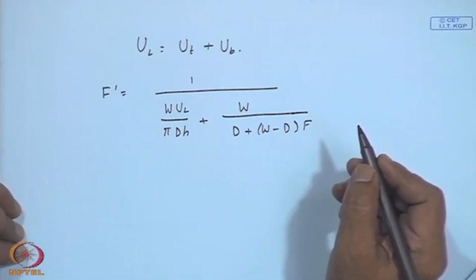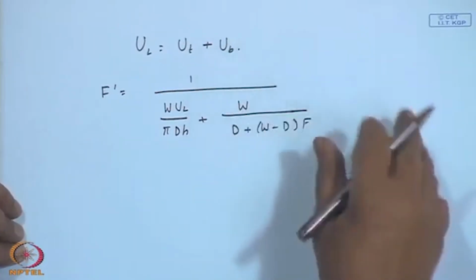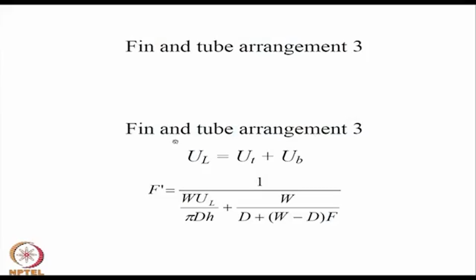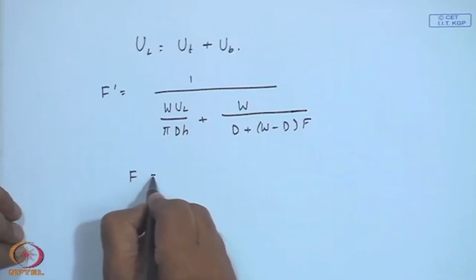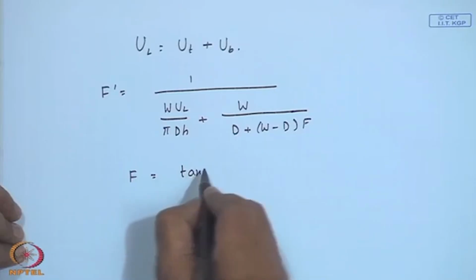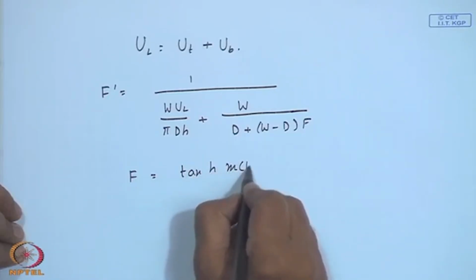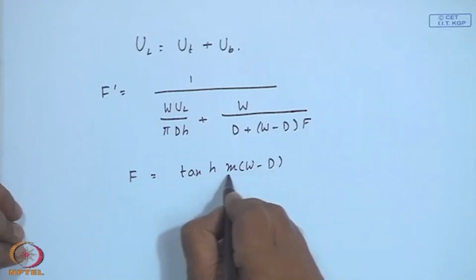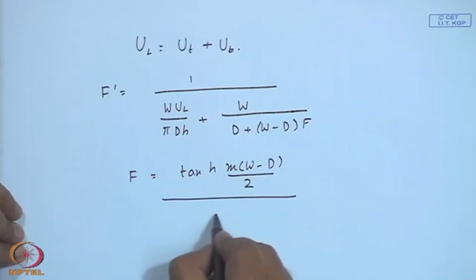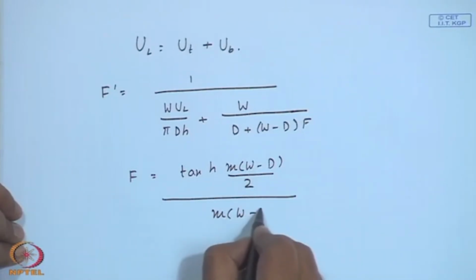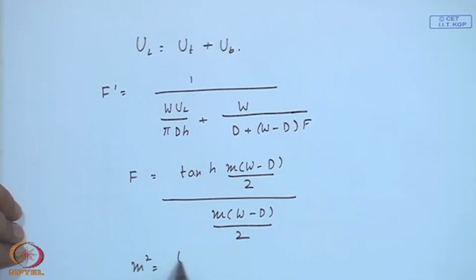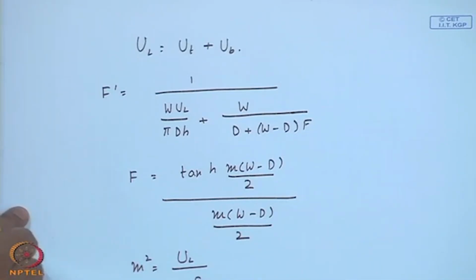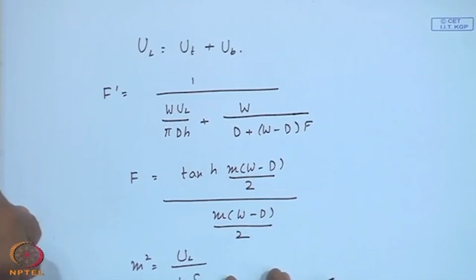Now, these are the 3 configurations. Again, F turns out to be the same. So the definition of F remains the same. However, your F dashed differs for these 3 configurations.